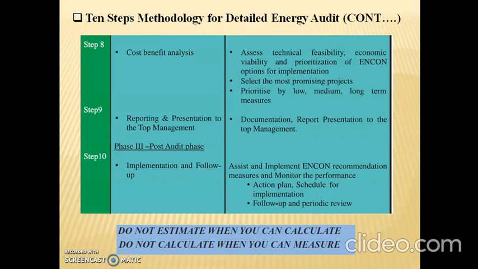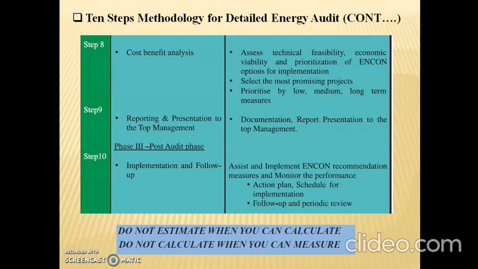When the auditor submits his report with energy conservation recommendations, and the top management decides to implement these recommendations, then the energy auditor needs to assist them in implementing these energy conservation measures and monitor the performance: whatever energy saving targets he proposed, and what is the actual energy saving he achieves after implementing the recommendations. So the action plan, schedule for implementation and follow-up or periodic review is very important for the success of this, which actually closes this cycle.